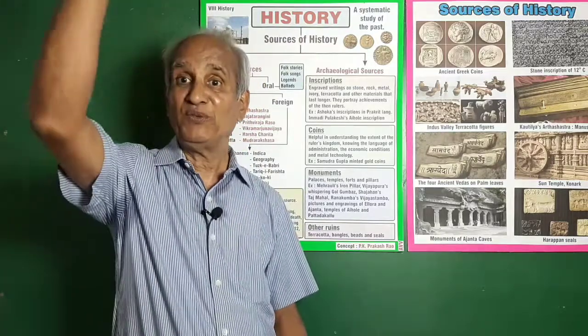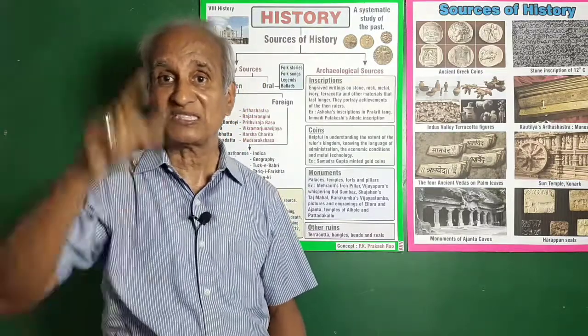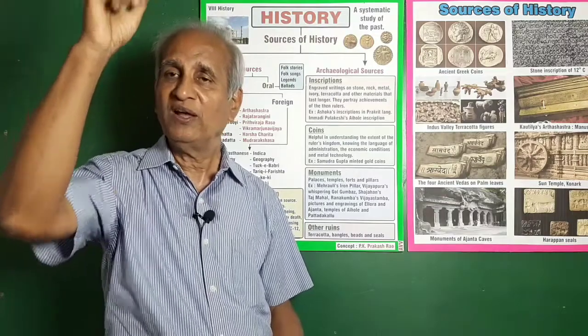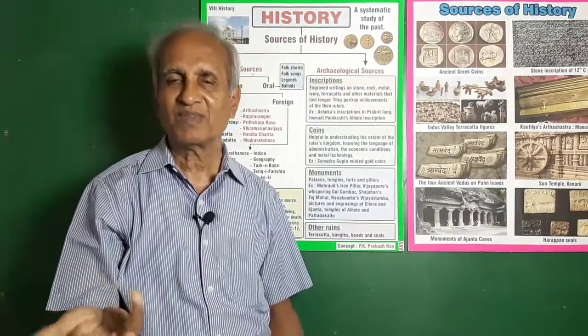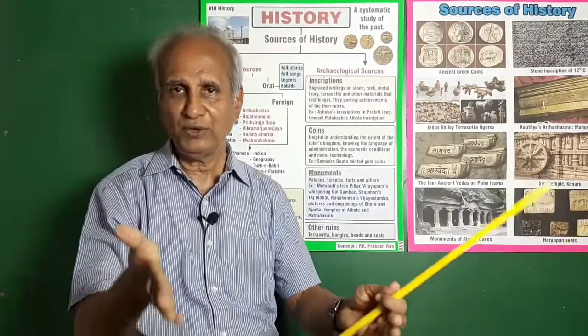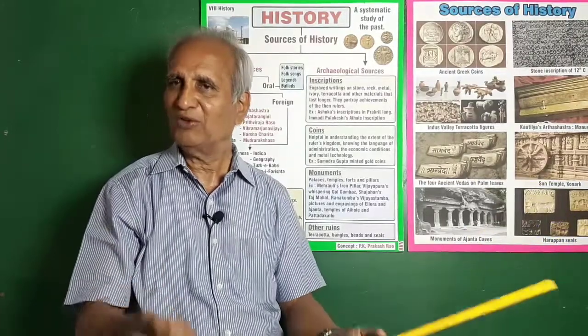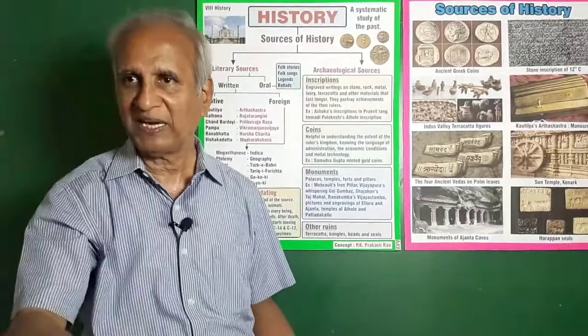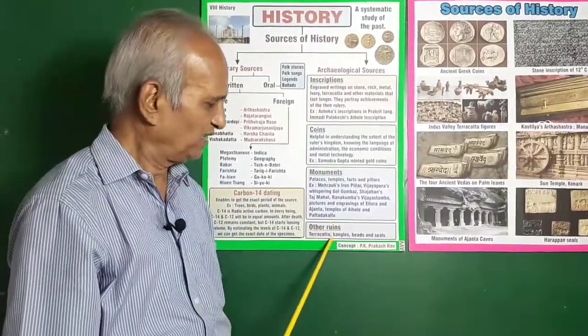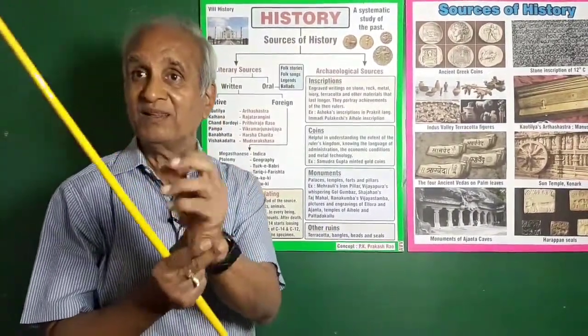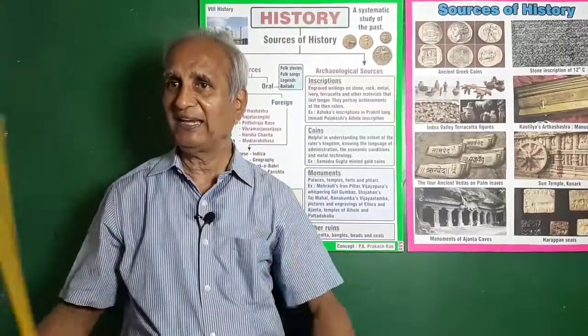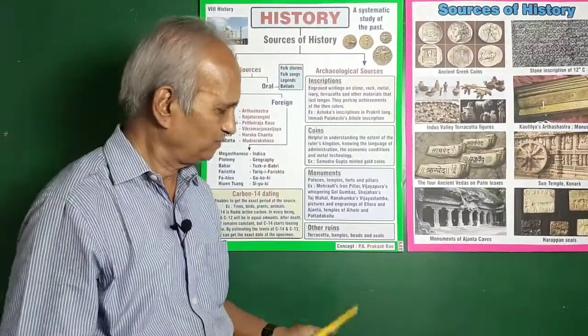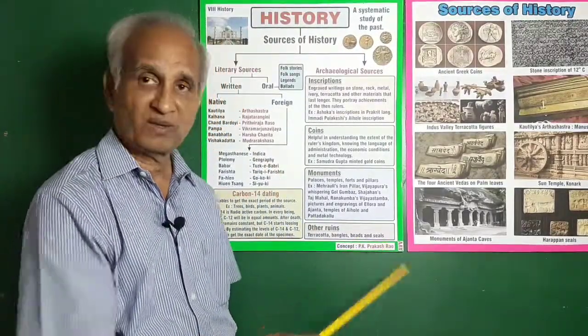The tiles we use for building houses, tiles for the roof, it's terracotta. You take the mold and you bake them. Once you bake, you have very good tiles which don't allow even a drop of water to penetrate through. Terracotta bangles, the sense of beauty and jewelry, bangles, beads, seals.